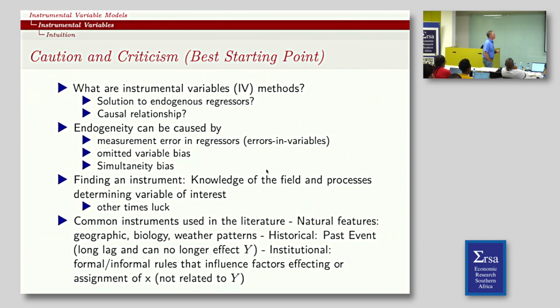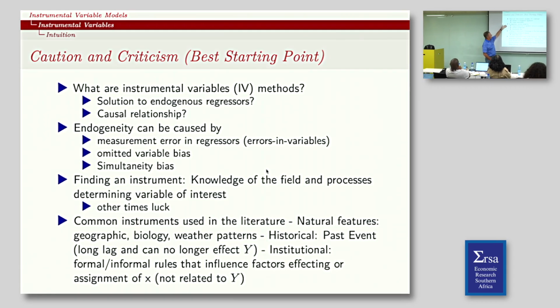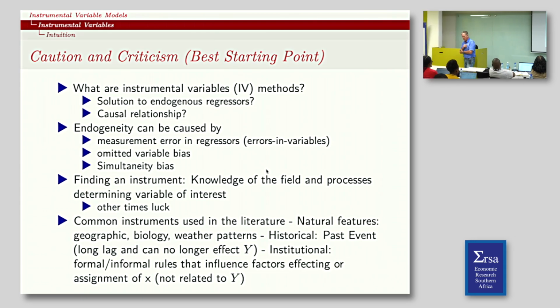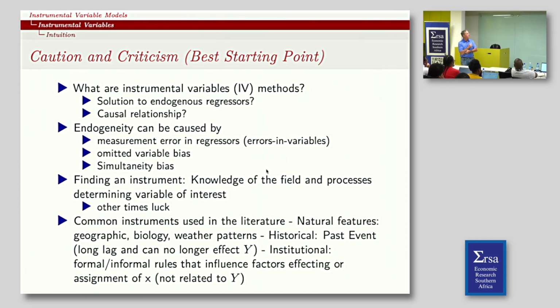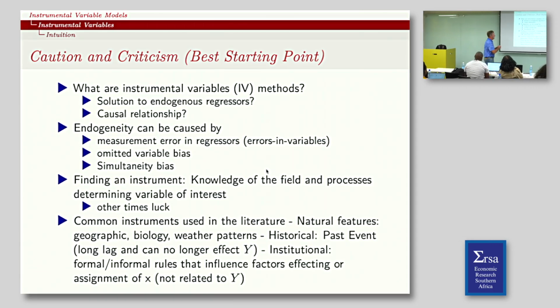Okay? How can we get endogeneity? Well, through measurement error, omitted variable bias, simultaneity bias. There are probably other ways that we haven't quite figured out yet. Certainly selection is a form of endogeneity. Right? So there are things that can do this.